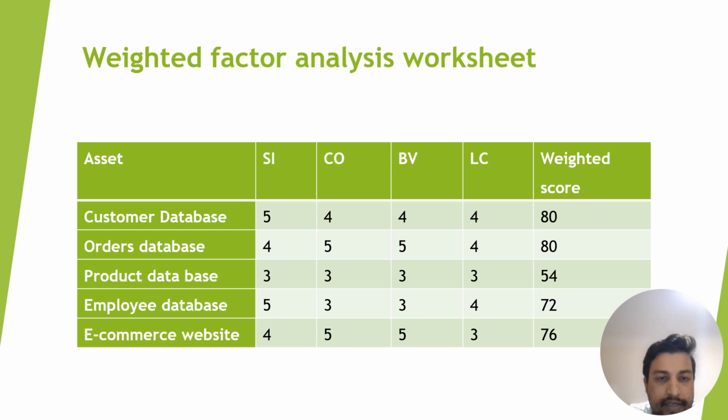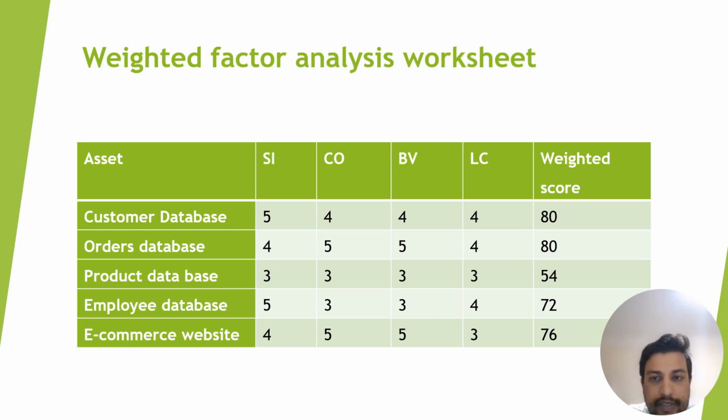And here you can see SI, which is sensitivity of information, and CO, which means criticality of operations, and then BV, that means business value, and LC, which is legal and compliance requirements.